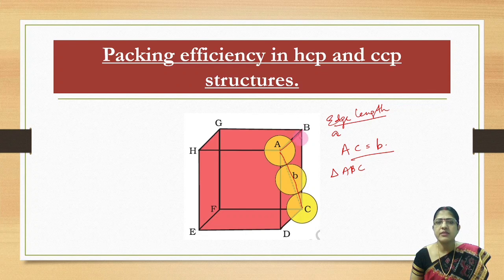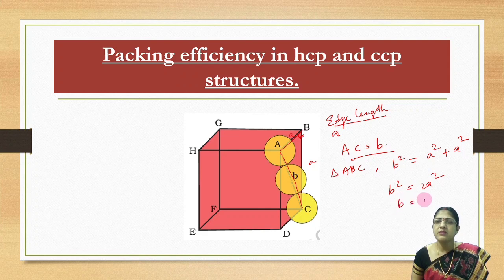this is a right angled triangle, so this side is A and this side is A, and the face diagonal is B. In a right angle triangle B square, it is hypotenuse. In triangle ABC, B square is equal to A square plus A square, so B square is equal to 2A square.